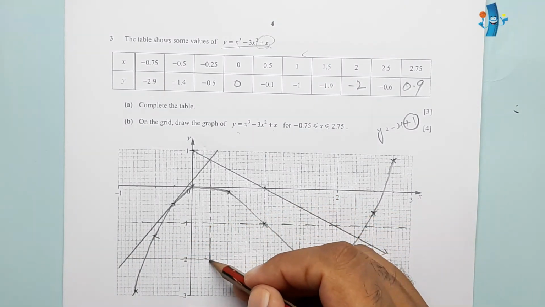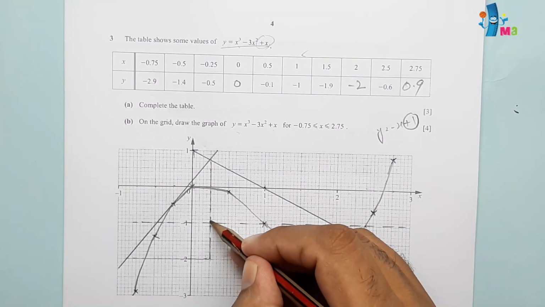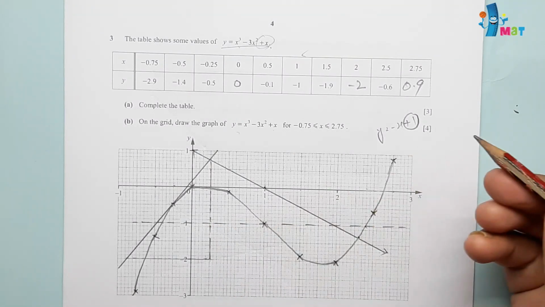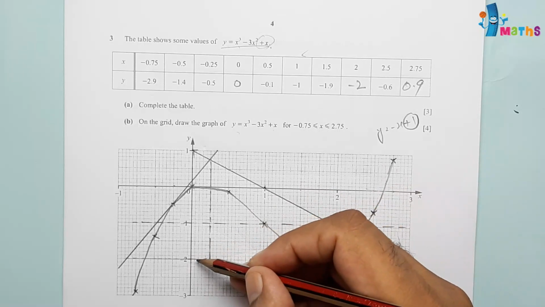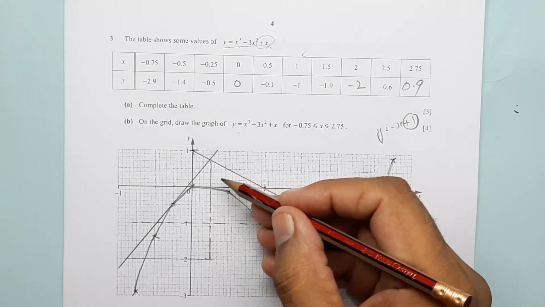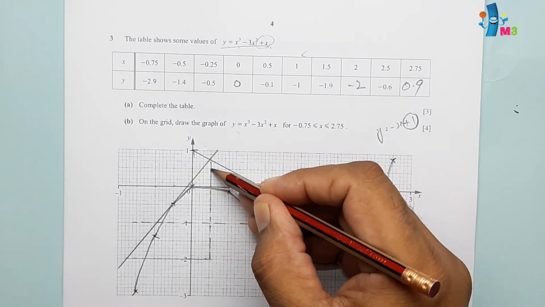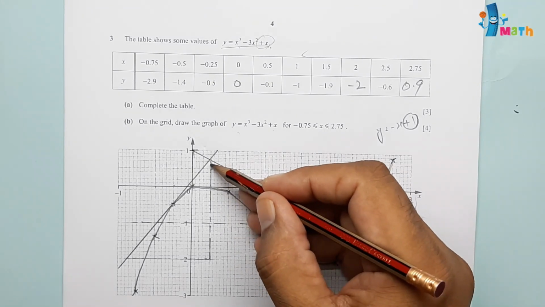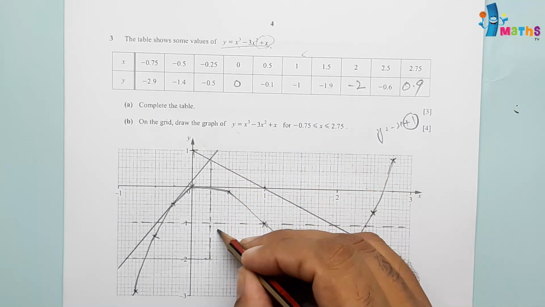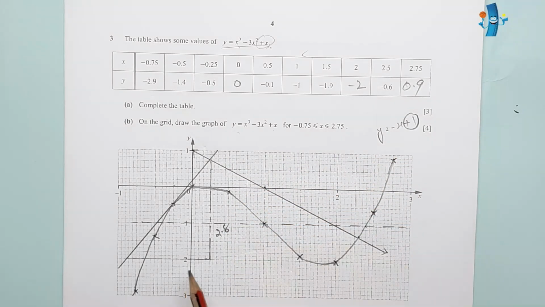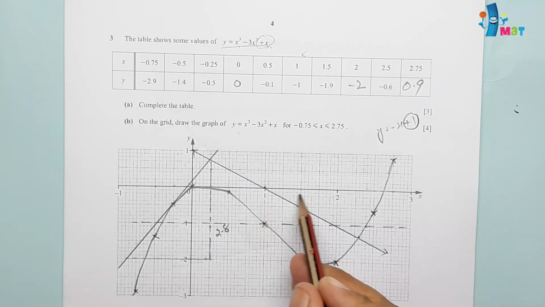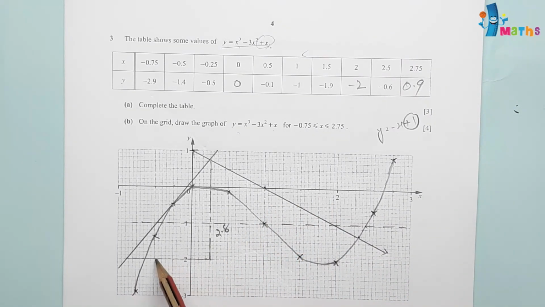The rise will be 2.8, and this side is 4 boxes, so 1, 2, 3, 4.